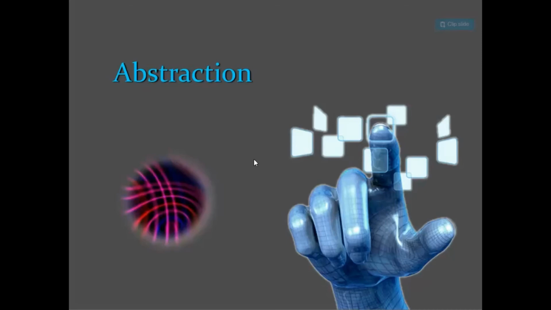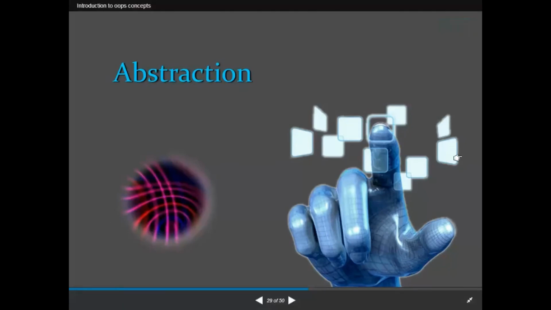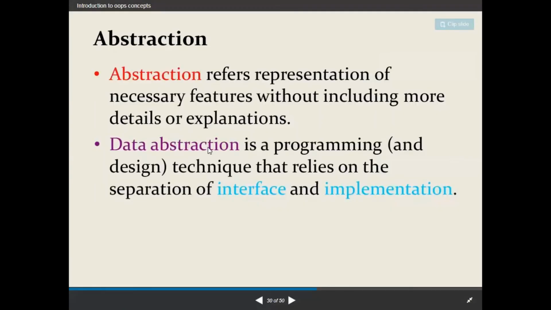Understood, children? That is data abstraction: hiding the background details and showing the essential features alone. Abstraction refers to representation of necessary features without including more details or explanations.